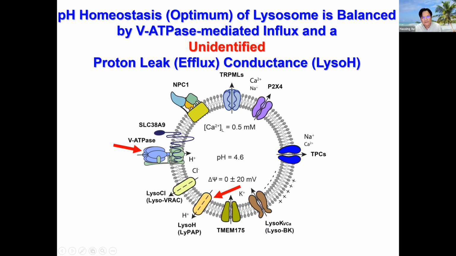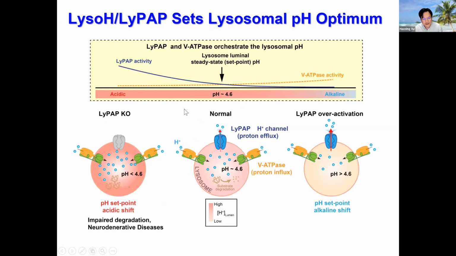Lyso-H together with the V-ATPase will set up the pH optimum, roughly pH 4.5 to 5.0. This optimum is preferred by most enzymes in the lysosome, because these enzymes work much better at this pH.